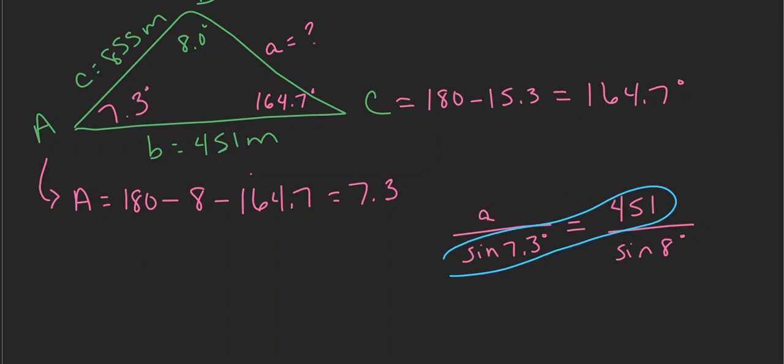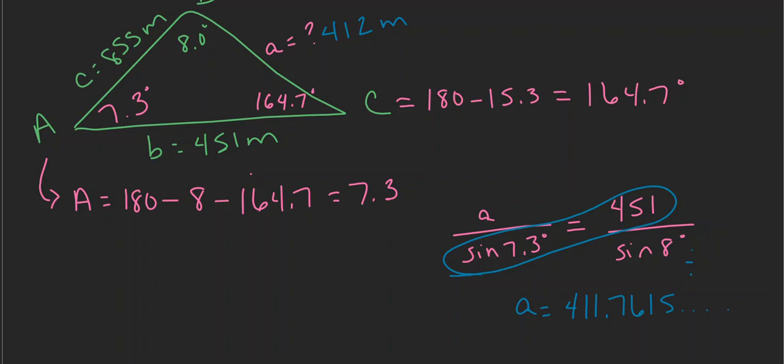My cross multiplication and divide: 451 times sine of 7.3 divided by sine of 8. So my third side, A, I got 411.7615. And so to 3 significant digits, it would be 412.